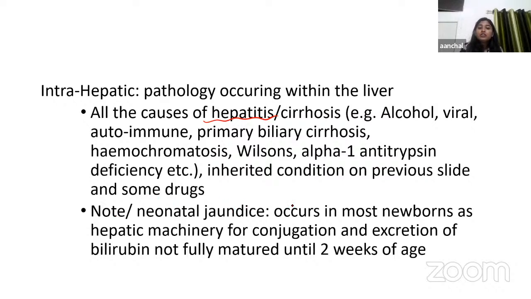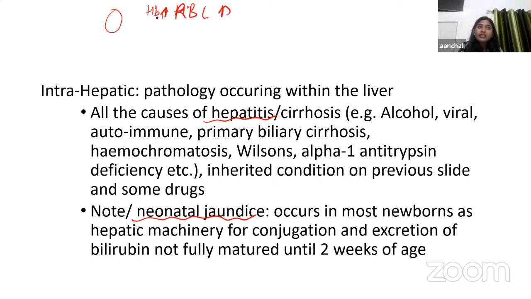Then neonatal jaundice occurs in most newborns, because the hepatic machinery for conjugation and excretion of bilirubin is not fully mature until 2 weeks. So this is the cause of neonatal jaundice also. Neonatal jaundice means that it occurs in newborn babies. And why does it occur in newborn babies? Because the level of hemoglobin as well as the RBC count is higher in newborns, right?